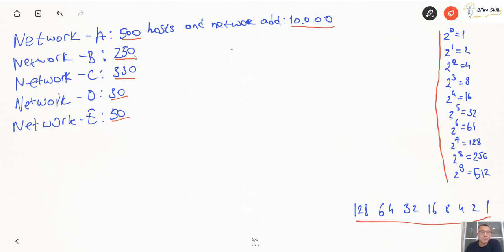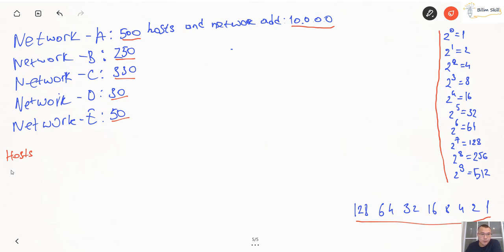So let's start. Before starting, the first thing we have to do is write these networks in decreasing order, from big to small. So what does it mean? First we are creating the table, writing the hosts, and the hosts will be written in decreasing form.